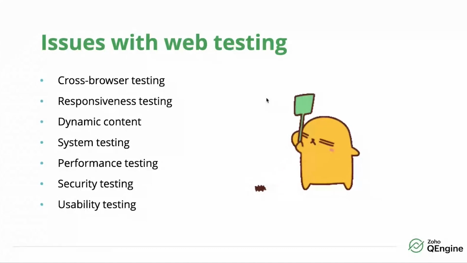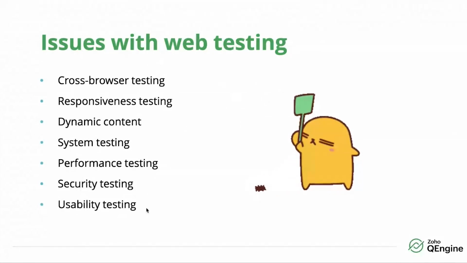And again, this also takes a lot of time. And finally, two other important things is security testing. Security testing is very, very important these days because most of the websites are vulnerable to hacking and phishing attacks these days. So security testing has become an important part of testing these days.